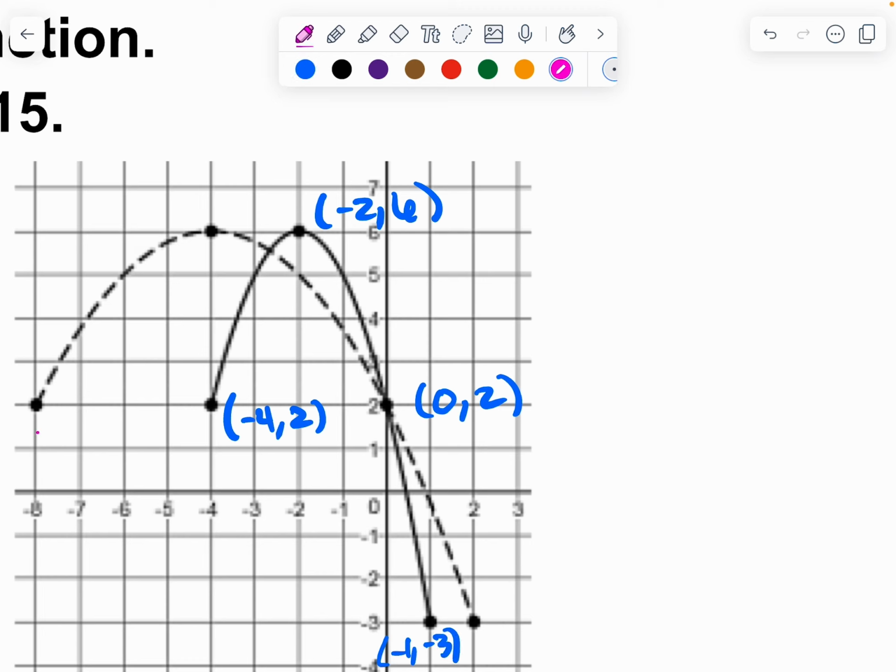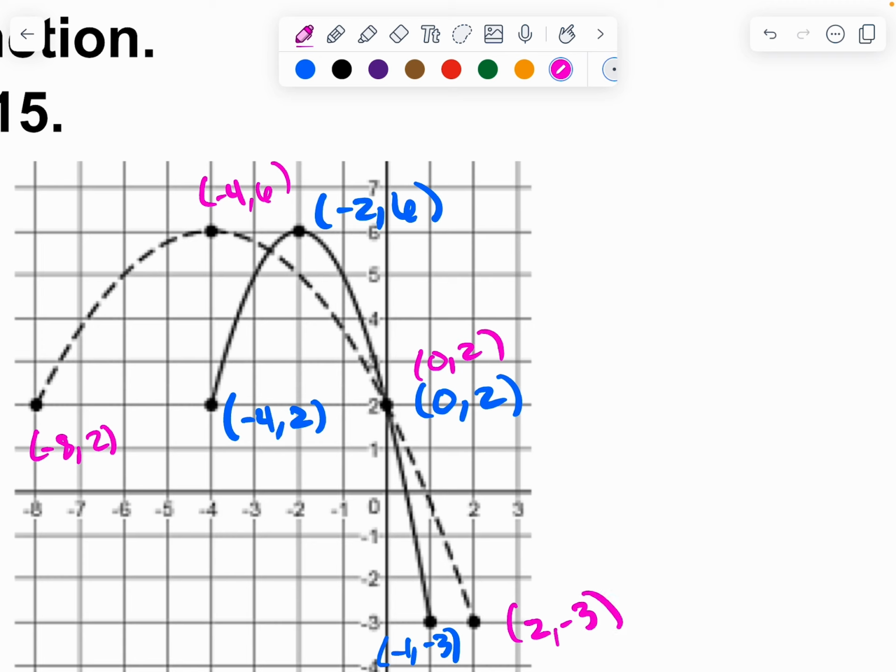This one has -8, 2. -4, 6. Is that right? Yeah. Again, 0, 2. And, oh, this isn't negative. Yeah, it is. And then this one is 2, -3.